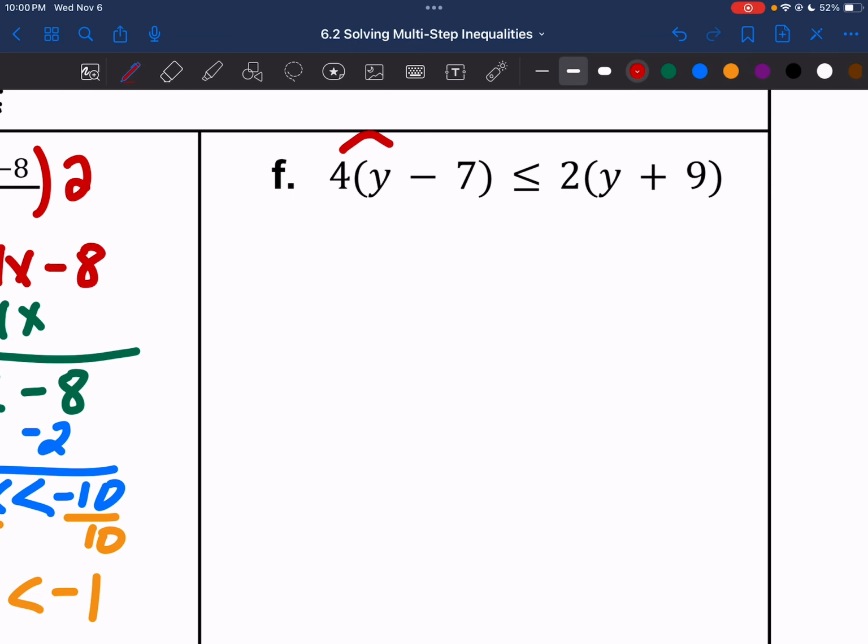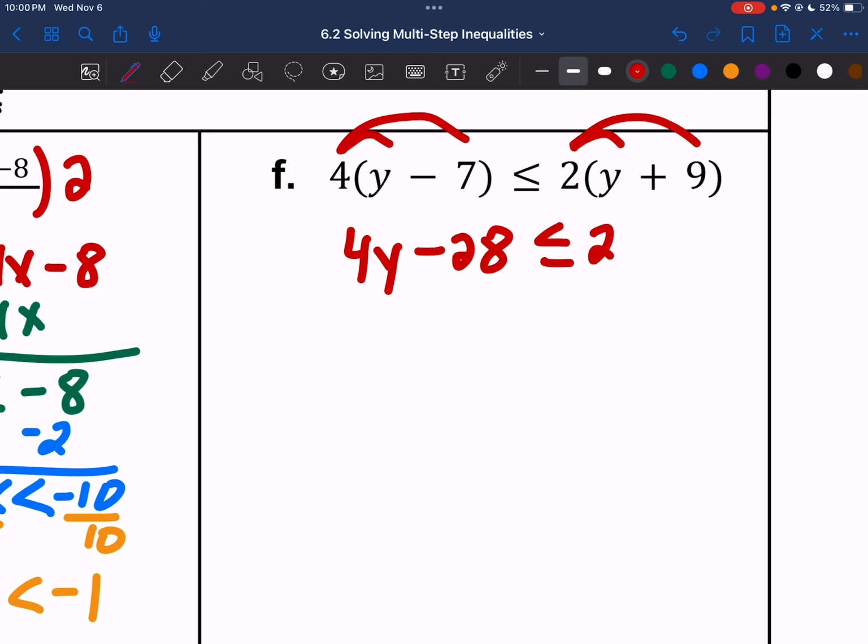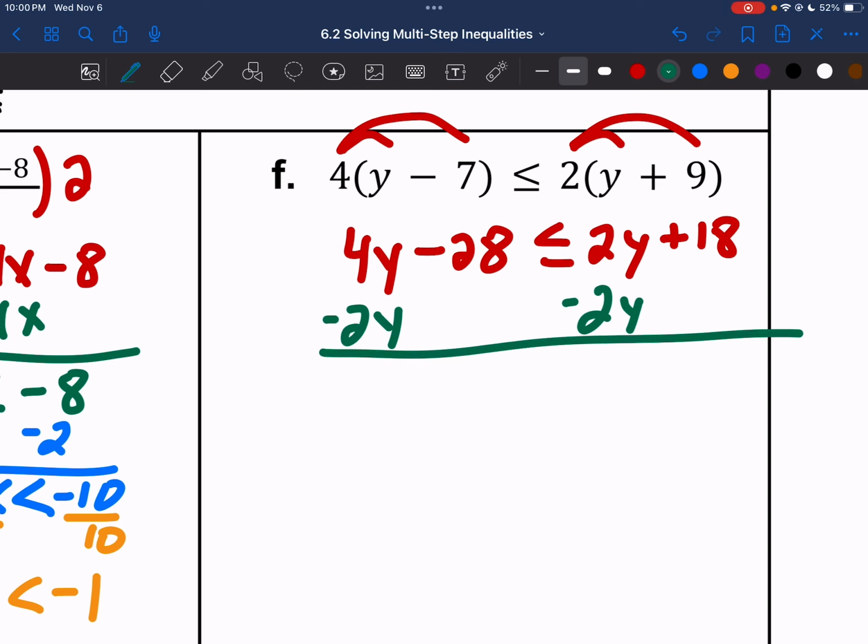All right, letter F. We have 4y minus 28 when we distribute is less than or equal to, we have distribution on the right as well, 2y plus 18. So I'm going to subtract 2y from both sides so that I keep my variable positive. 2y minus 28 is going to be less than or equal to 18.